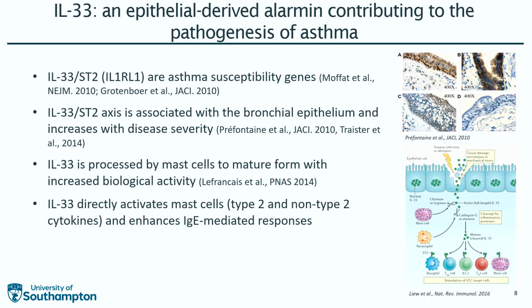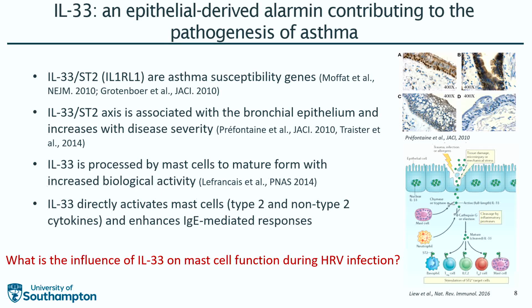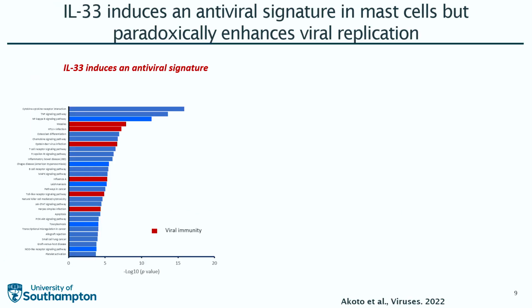So thinking about severe disease, where we have increased IL-33, deficient interferon, and mast cells that can contribute to viral load, what is the influence of IL-33 on mast cell function during viral infection? We did a transcriptomic analysis: we exposed mast cells to IL-33 and ran an RNA-seq, and showed that IL-33 induced an antiviral signature.